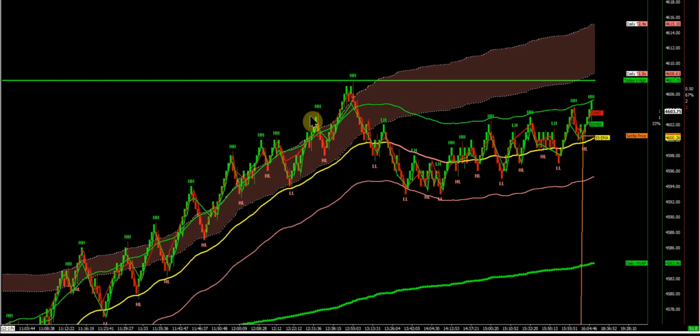You're bouncing up here, going above, above, above. All these are above right there, and then there's your failure point, lower high, which basically means you don't necessarily need to get into a short, but you do need to get out of your long there. Then just reevaluate. What happens in the next bar, everything turns red, your 55 EMA turns red, and then you come back down here and bounce off.